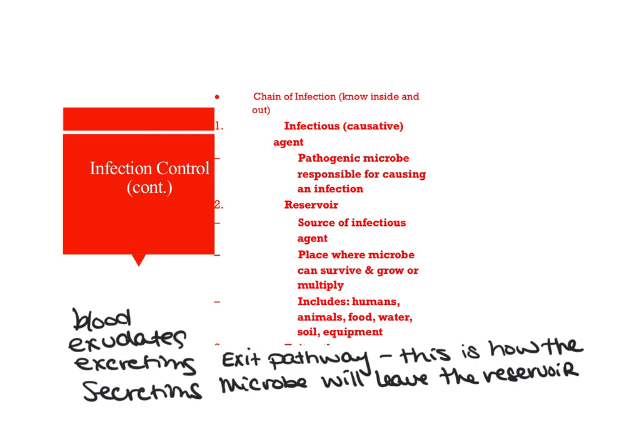Excretions would be like tissue fluid coming out of the area. Secretions would be like the tissue fluid. Excretions, I'd be like if a cut, I believe. Yeah. So, however it is leaving that reservoir, that is an exit pathway.